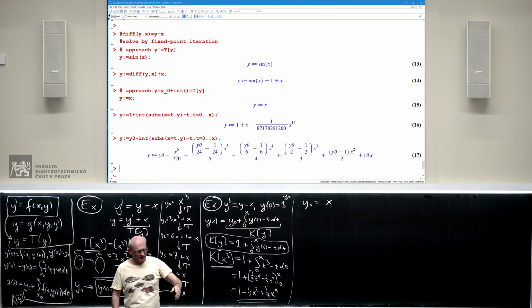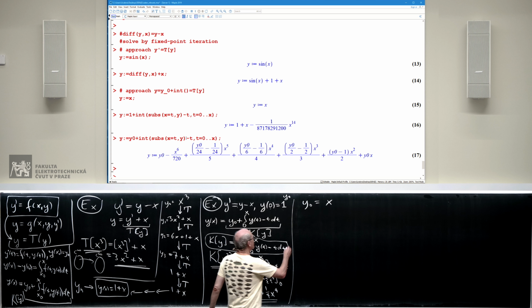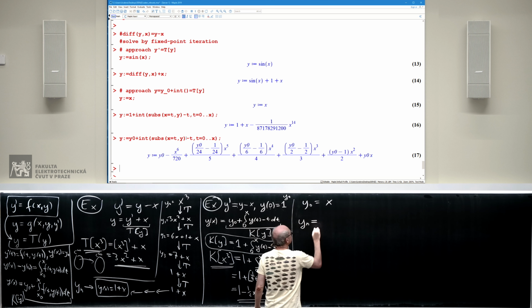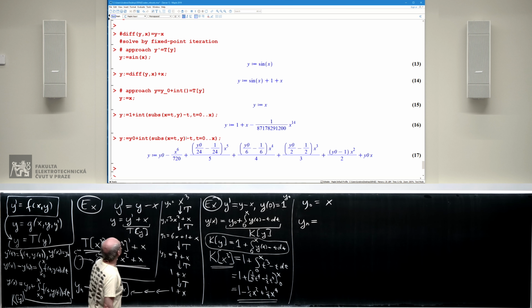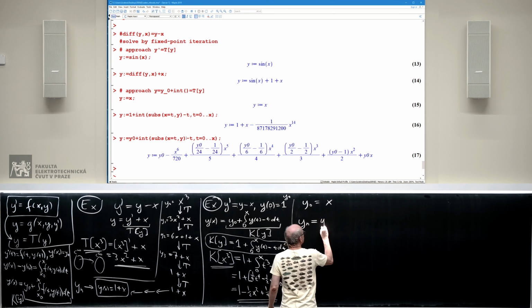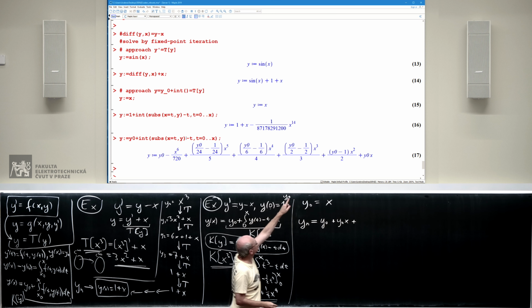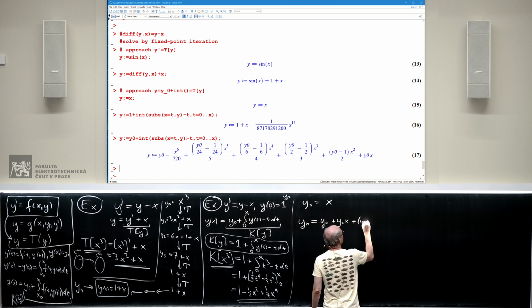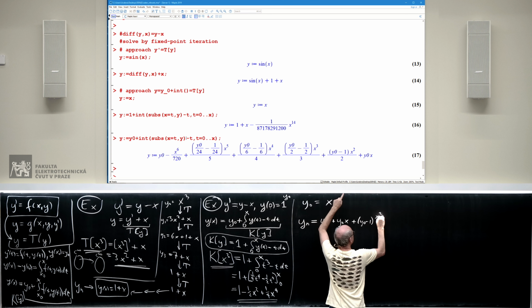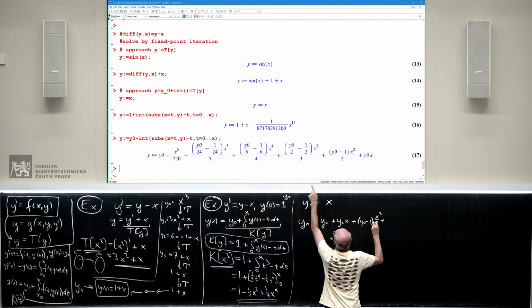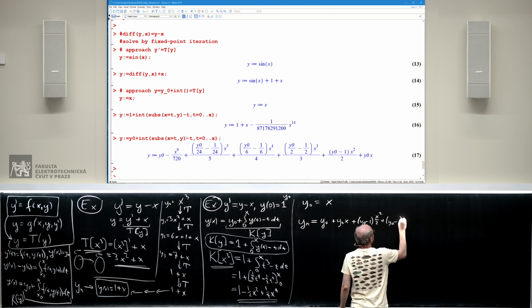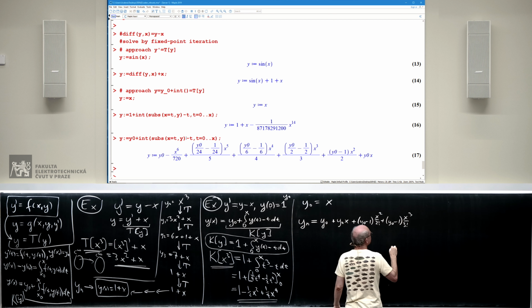Let's try to guess what the general pattern is. yn. How much is yn? Well, let's see. I shouldn't forget, there is an extra guy at the start, y0. Then there is y0x. Then there is y0 minus 1 times x squared over 2. Then there is y0 minus 1 times x cubed over 3 factorial. We can see 3 factorial, so this is 2 factorial also.